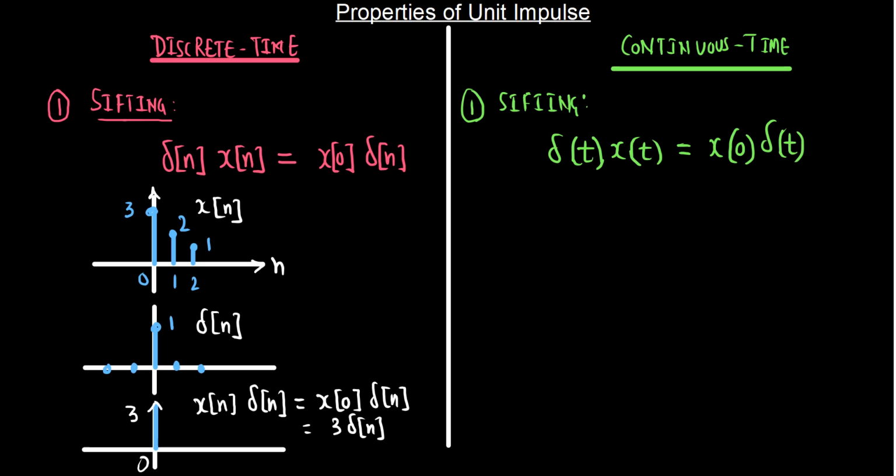So if we have an impulse signal that is being multiplied with any signal x of t, you will get the same signal del of t, but scaled by the value of x that is present at t equals to 0.